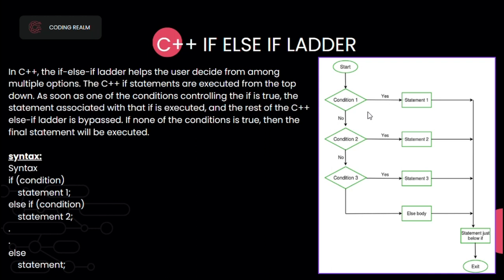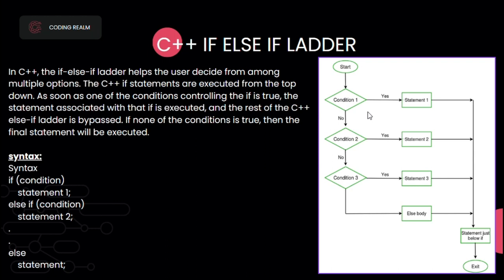If condition 2 is not true, I go to condition number 3. If condition 3 is true, statement 3 is executed. And if it is not true, I need to use the else body, and the if-else-if ladder is finished and the program exits.